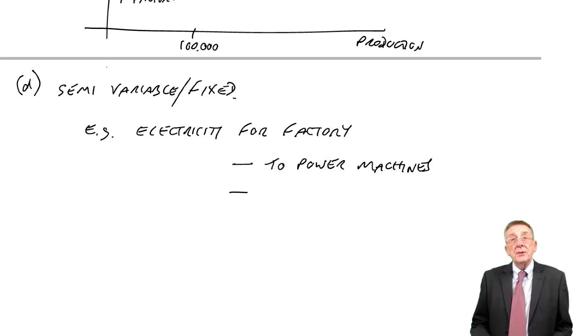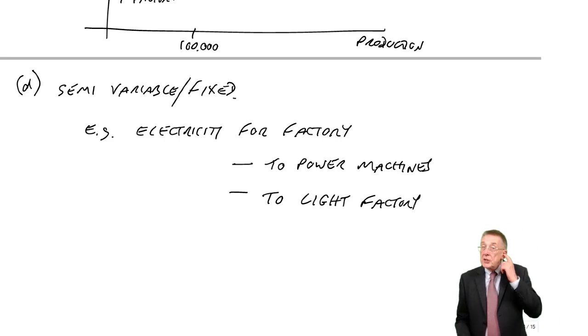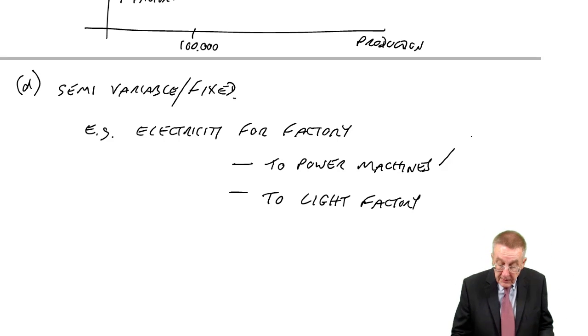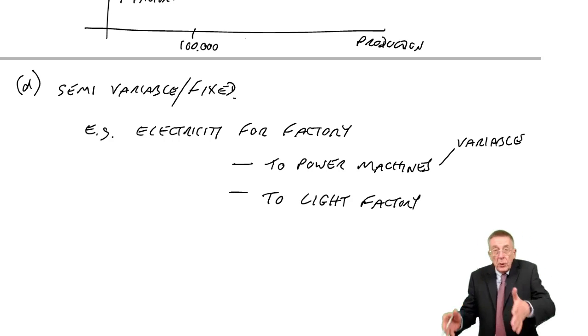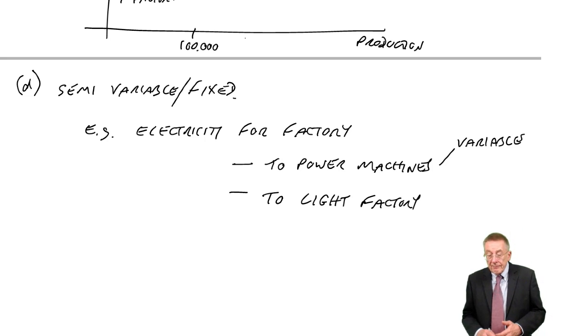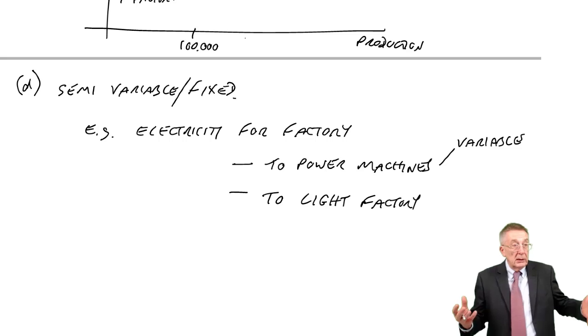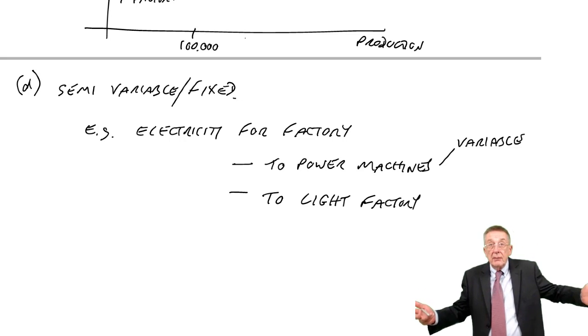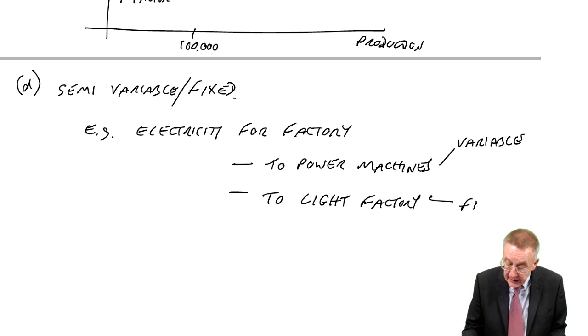And in addition, we're using electricity to light the factory. Now, powering the machines surely is going to be variable. The more we produce, the more we use the machines, the more the cost will be. Lighting the factory, well, maybe I need the lights on however many I'm producing, whether it's 1 or 100. And so this is more likely to be fixed.